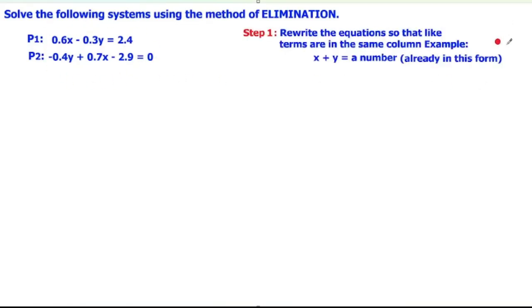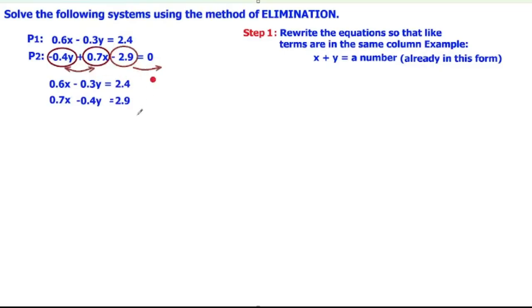So the first step is to rewrite the equation so that like terms are in the same column. Okay, so we have to get them in the form of x plus y equals a number. So one is already in this form, but one is not. So the one that's not, we have to take this constant, move it over, so it becomes 2.9 on this side of the equation.